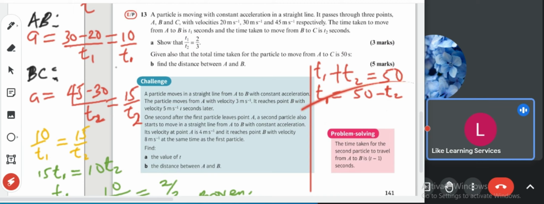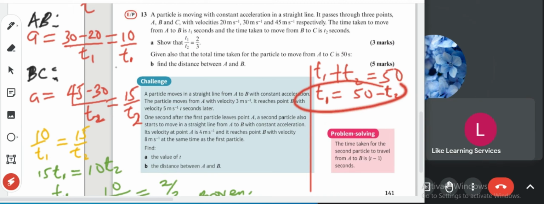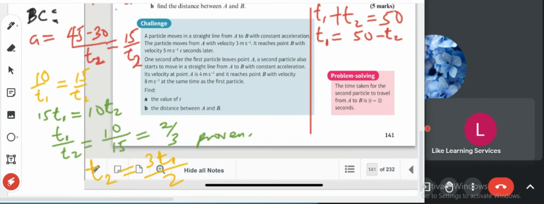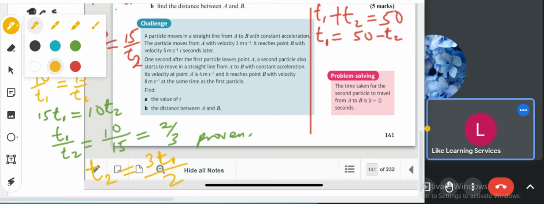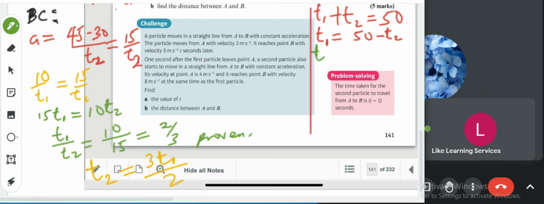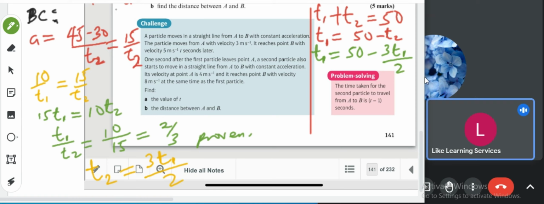Are you still with me? So I said T2 is 3T1 over 2, so substitute T2 here. What do we have? T1 will be equal to 50 minus 3T1 over 2. The equation has solved itself, and you can get that time.